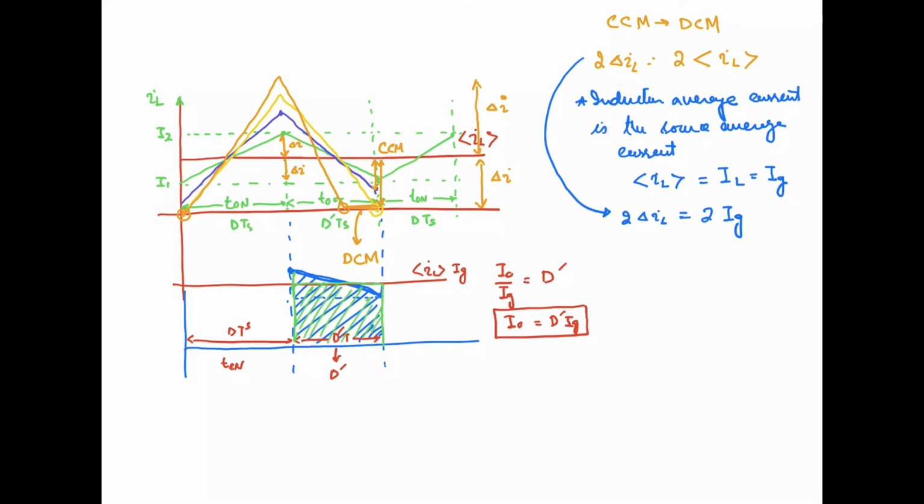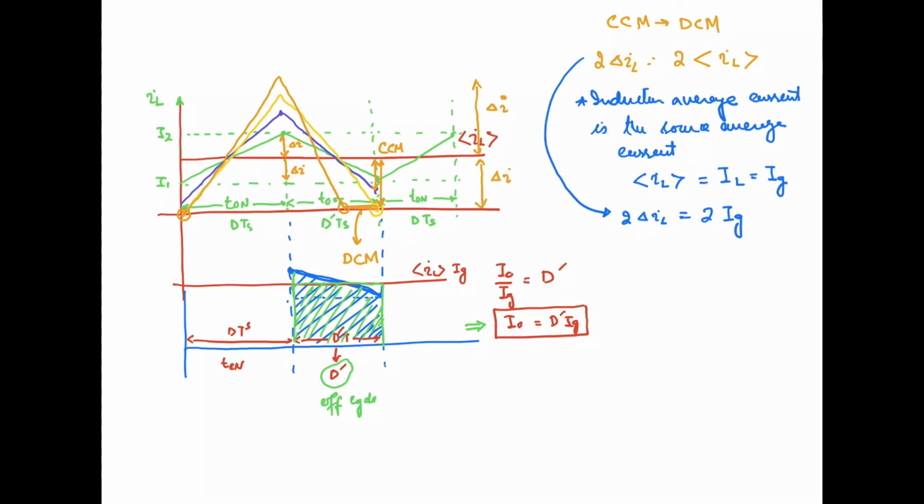So relating load current with the source current, you will be using this equation, that I naught is equal to D prime times Ig, because D prime is the interval or the duty cycle that is deciding what should be the voltage, what should be the current at the output, how much current of the input will be contributing towards the output, right?